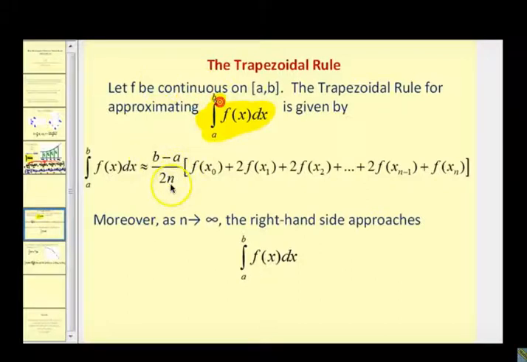(b minus a), I need everyone to listen. (b minus a) over n is the width of one interval. You know the (b minus a) on n? So that's actually h. The way I'm going to give you the formula is like this, not like that. It's h on 2, because (b minus a) on n is h. So the way you're going to learn it, I'll give you notes soon, is h on 2, function of x0 plus 2 times all the middle functions plus function of the last one.